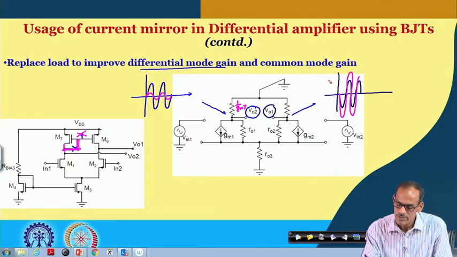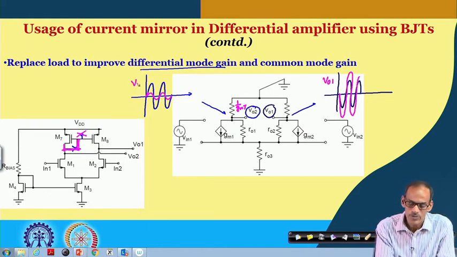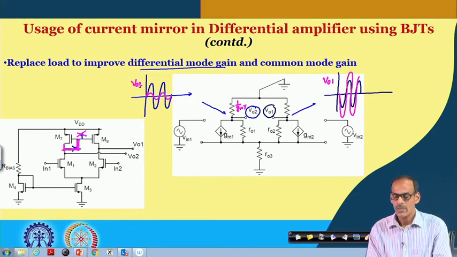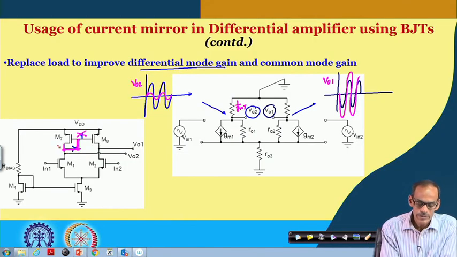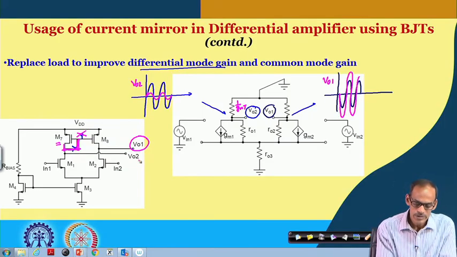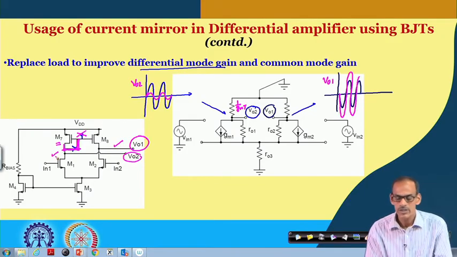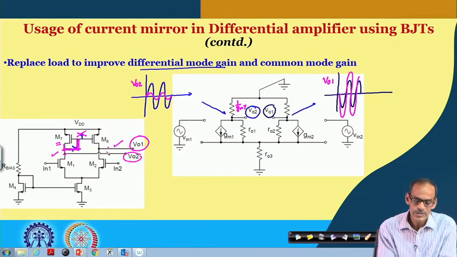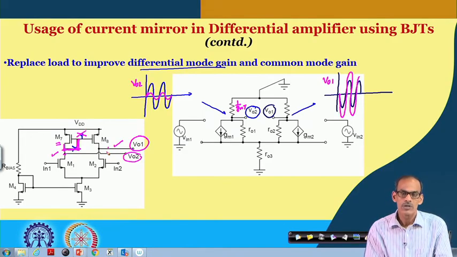So, this is VO1 and this is VO2. So, for diode connected transistor 7, we can say this is the main output and this is, I should say, the secondary output. Also, you have to keep in mind that the DC voltage here and the DC voltage here do have the same level. As I said, the voltage here and the voltage here cannot be different for common mode operation.